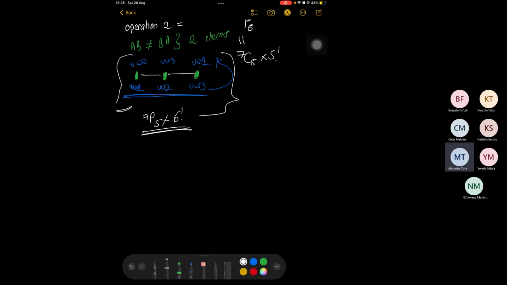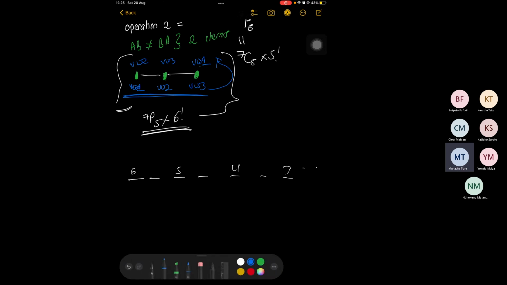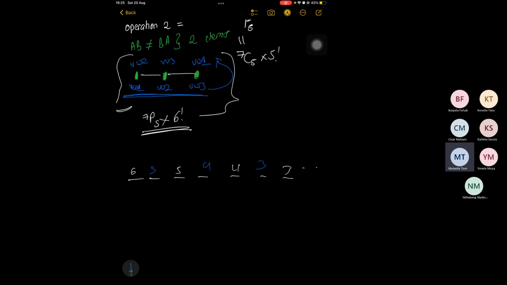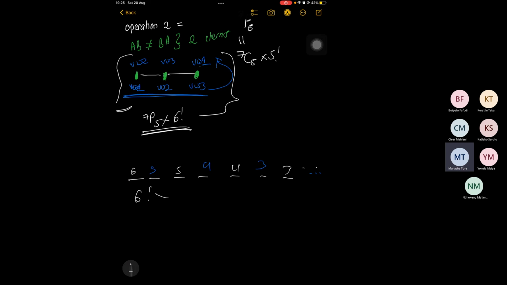Isn't it you said you have these 11s, then we had 6, 5, 4, 3 and beyond. Then also at the same time we had 5, 4, 3 and beyond. What this means is it's more or less a similar operation of 6 factorial times 5 factorial. This implies that you are not considering the conditions that you are given.